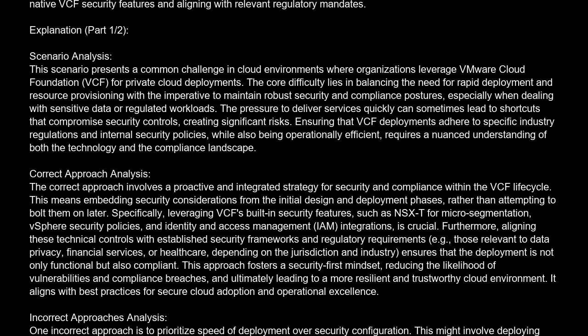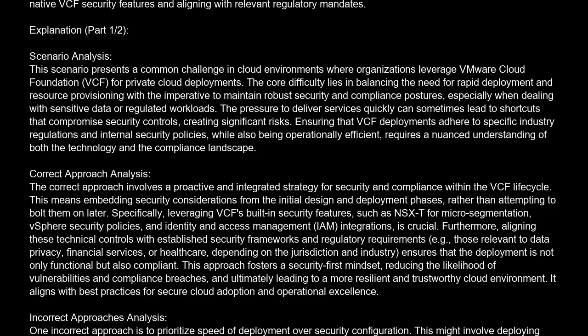The core difficulty lies in balancing the need for rapid deployment and resource provisioning with the imperative to maintain robust security and compliance postures, especially when dealing with sensitive data or regulated workloads. The pressure to deliver services quickly can sometimes lead to shortcuts that compromise security controls, creating significant risks. Ensuring that VCF deployments adhere to specific industry regulations and internal security policies, while also being operationally efficient, requires a nuanced understanding of both the technology and the compliance landscape.